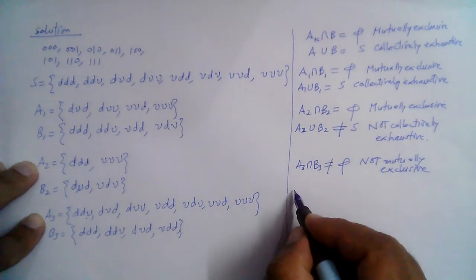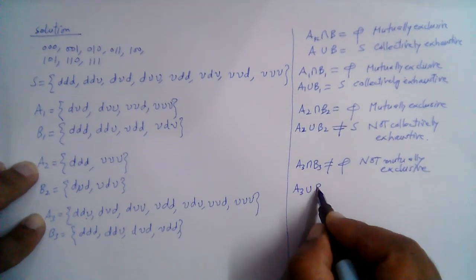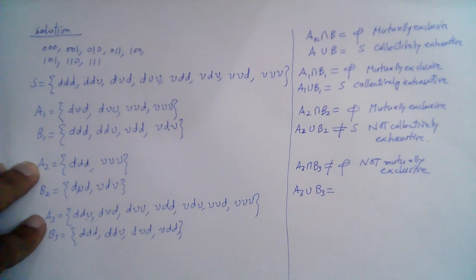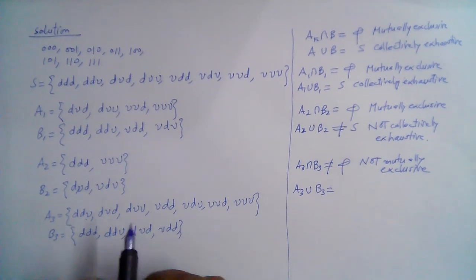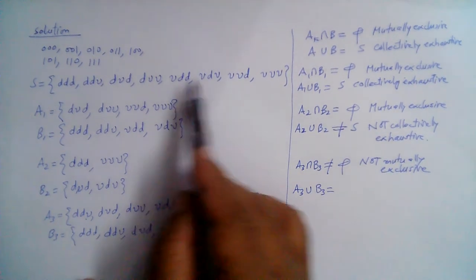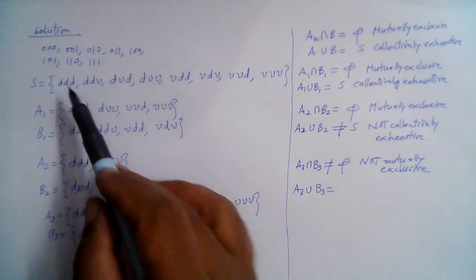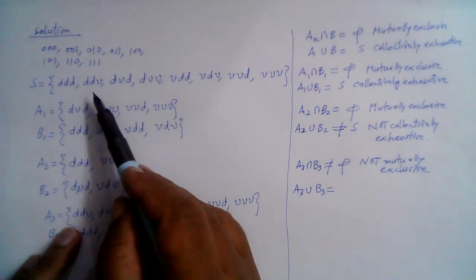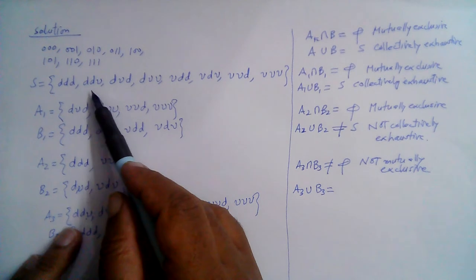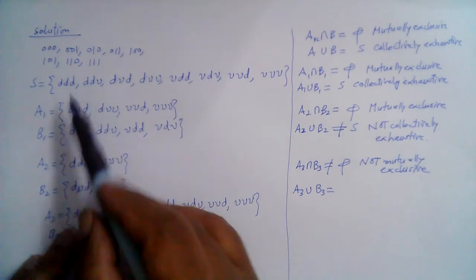But does their union produce the sample space? So you see, this set excludes only this element here, right? So A3 is a subset of S, and the only element missing is this element from this set.